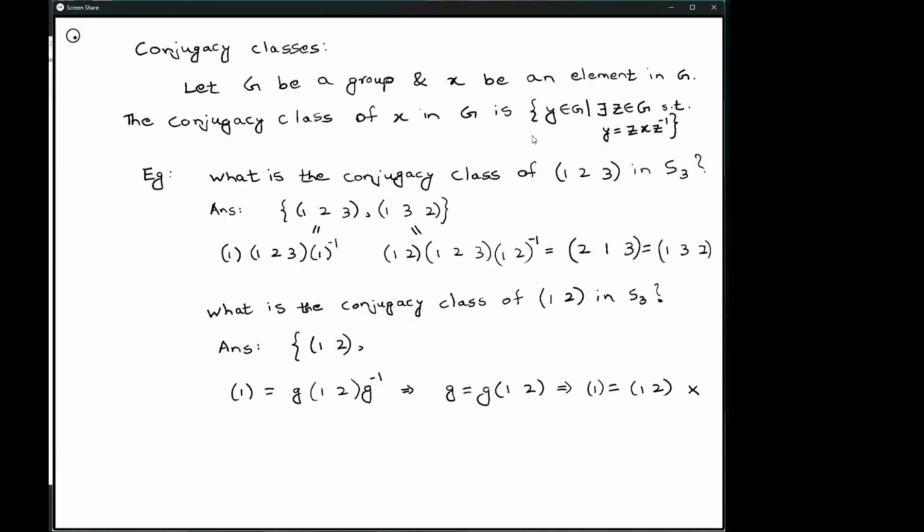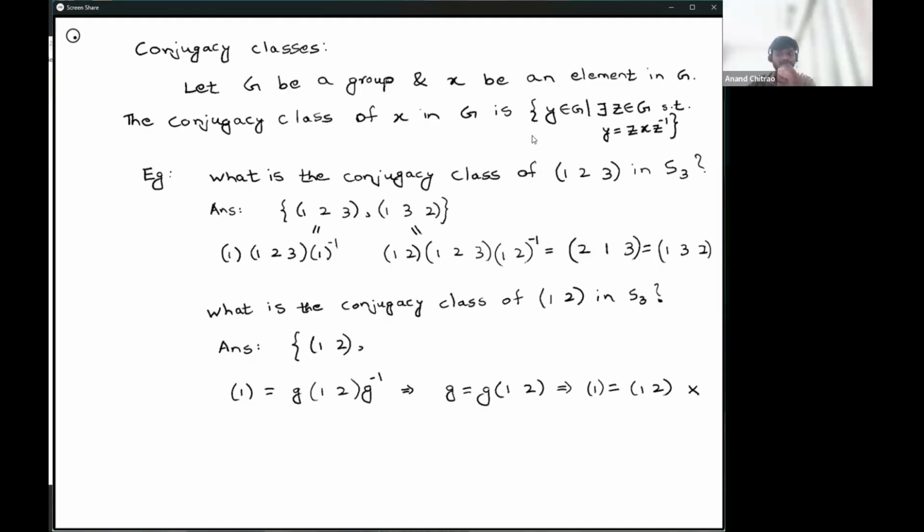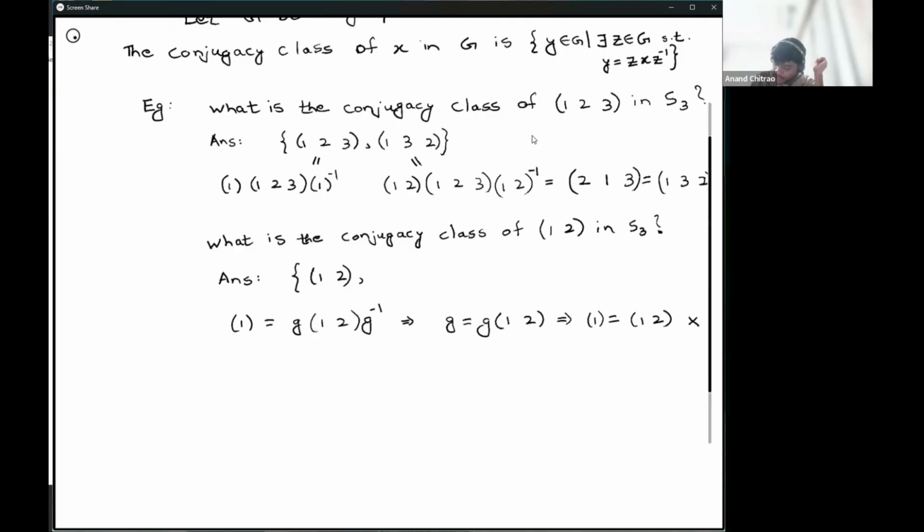Sir, can we take (2 1), or is it the same as (1 2)? It is the same as (1 2). So you want g times (1 2) times g inverse. By the idea we used, this would be g applied to 1, then g applied to 2. Now, can you tell me more elements?